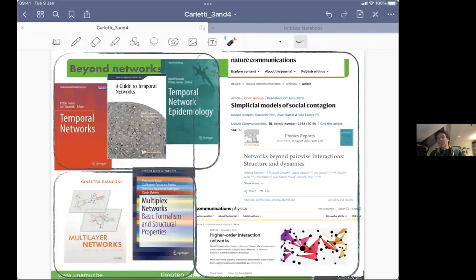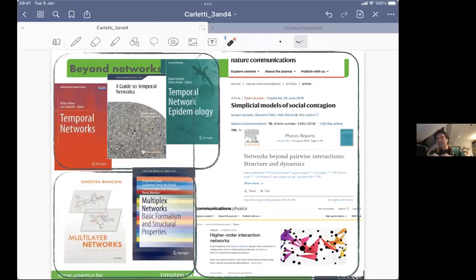Or you can go beyond the pairwise interaction, because in all these examples that I showed you, I said node I is connected to node J, and they interact in a direct or not direct way, temporary or not temporary. But in reality, people do not interact pairwise. There is a group of 3 persons or 4 persons, 10 persons discussing together. And if you have 10 persons discussing, it's not as if you discuss pairwise with the 10 persons.